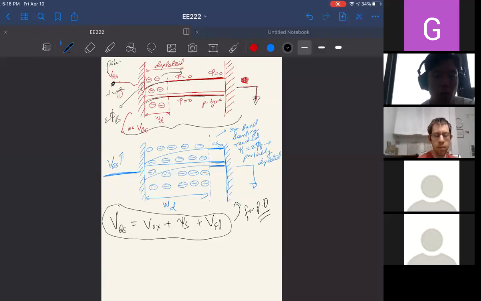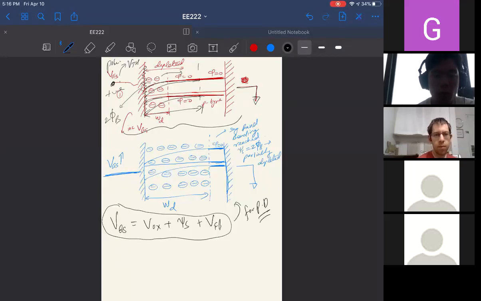That is when you say your transistor is actually on. But in a normal MOS, as you increase this voltage and it reaches the threshold, your band is going to be somewhere here, so your depletion region is going to be till here. And then you're going to have some charge over here.